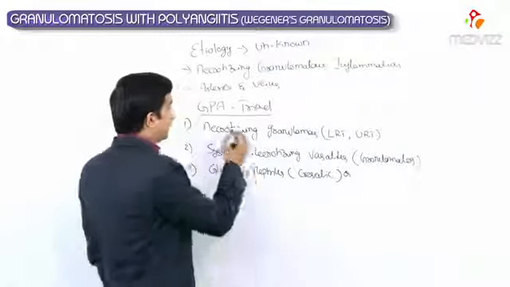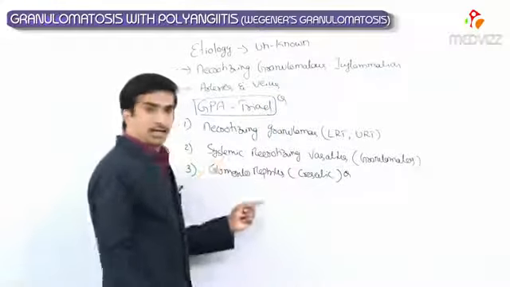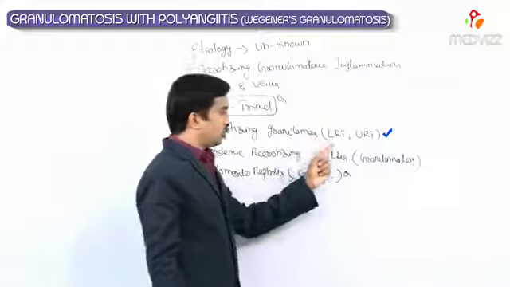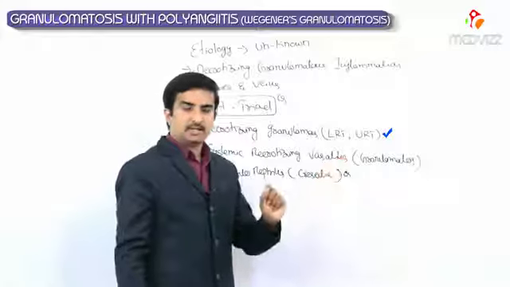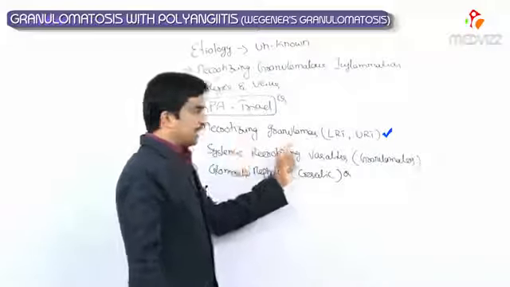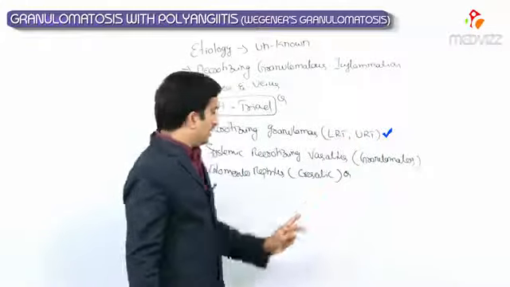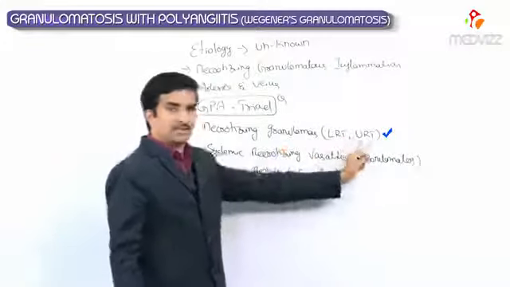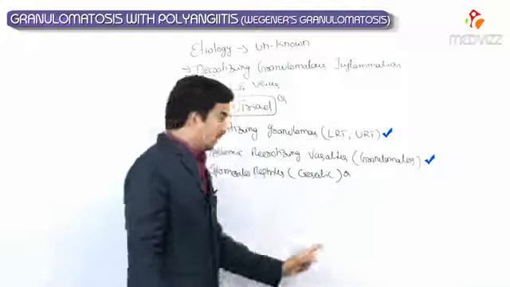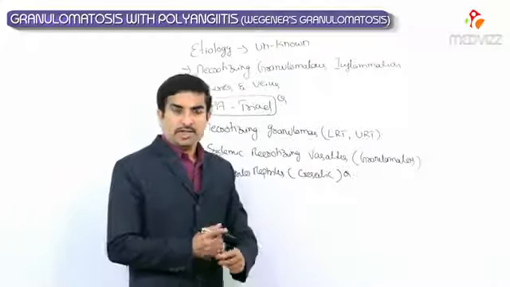Remember that whenever we discuss the triad of symptoms of GPA, we have 3 points. First is necrotizing granulomas of the upper as well as lower respiratory tract, and the initial manifestations will be in the upper respiratory tract followed by the lower. Then systemic necrotizing vasculitis, that is granulomatous vasculitis, and crescentic glomerulonephritis.